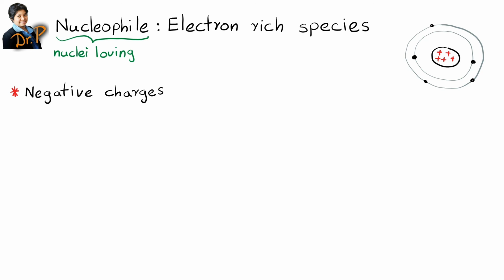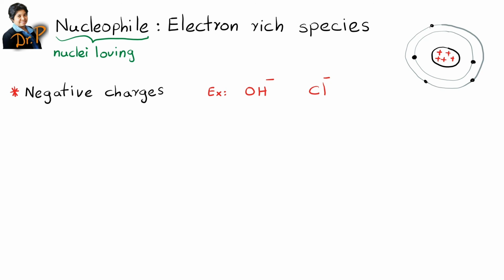Negative charges. Negative charges are electron rich. From your general chemistry, you know how you get a negative charge. You get a negative charge when an atom or group of atoms acquires electrons. So having an excess amount of electrons than protons results in a negative charge.